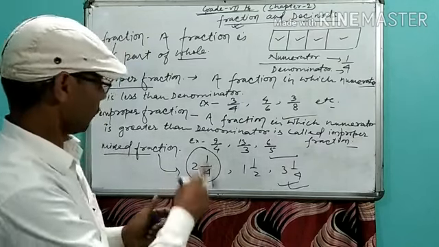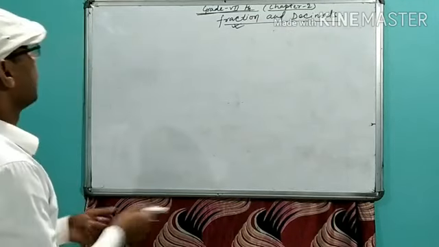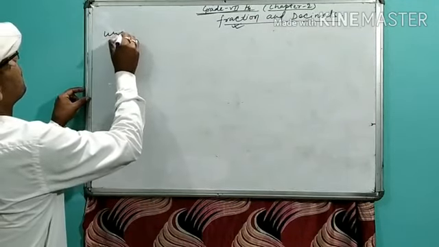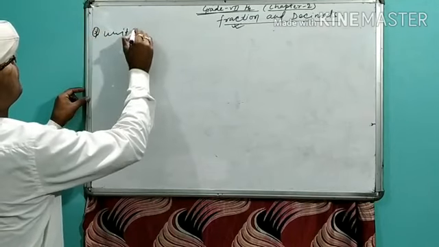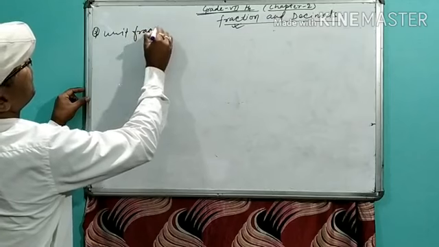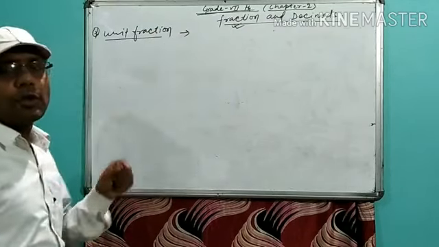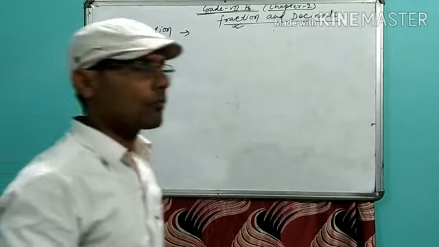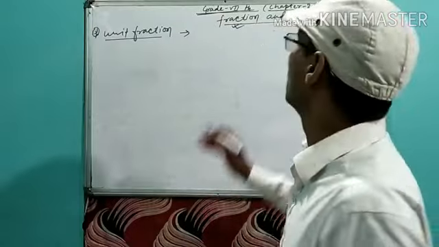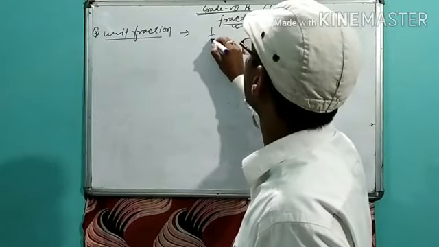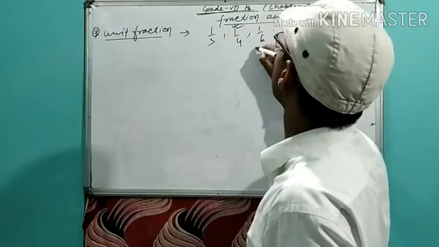Okay, I am going to erase the blackboard once. Next is a unit fraction. A unit fraction is defined with examples like 1 by 3, 1 by 4, 1 by 6.